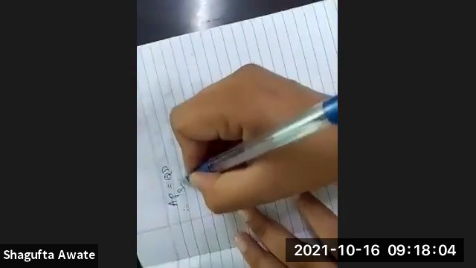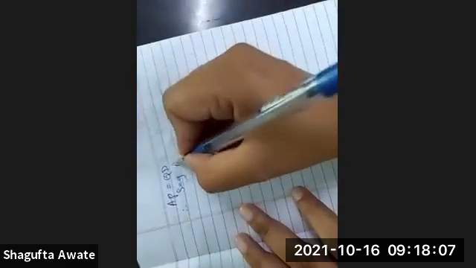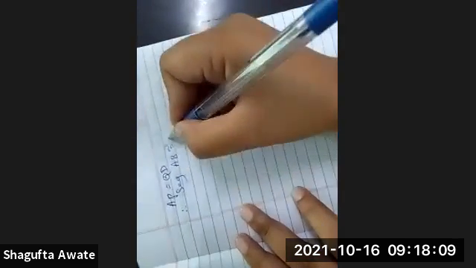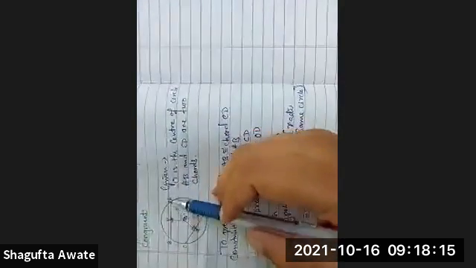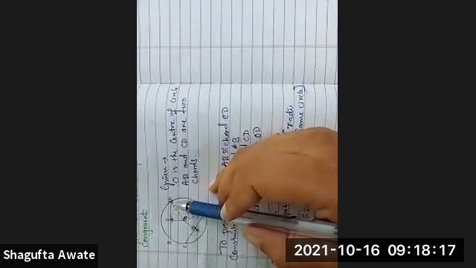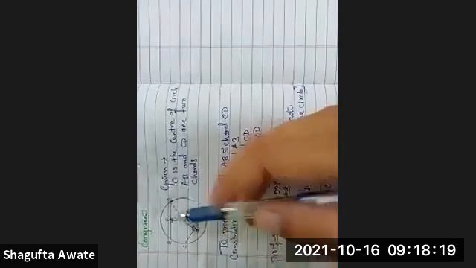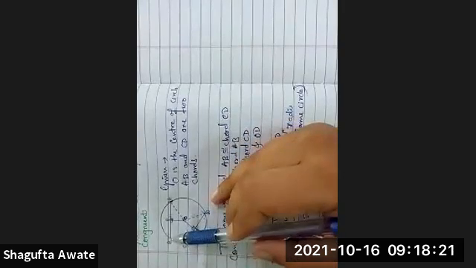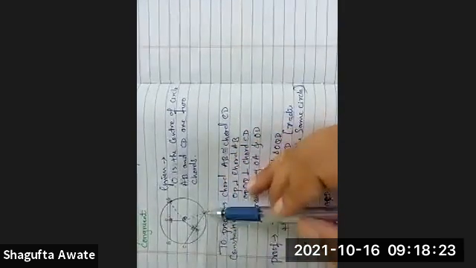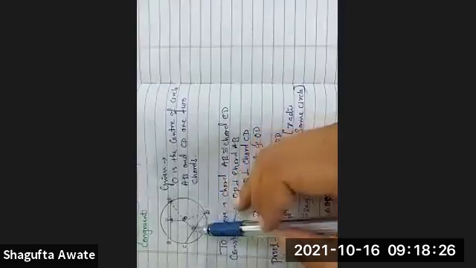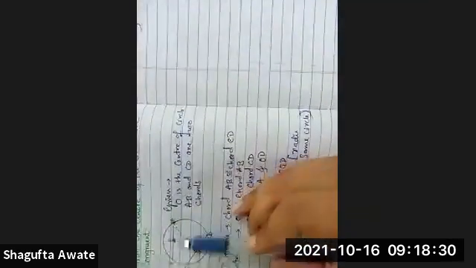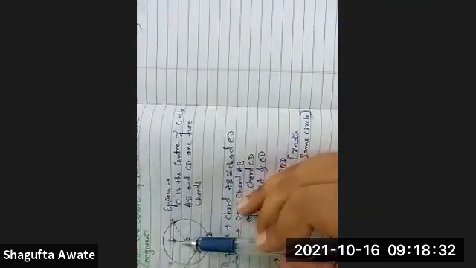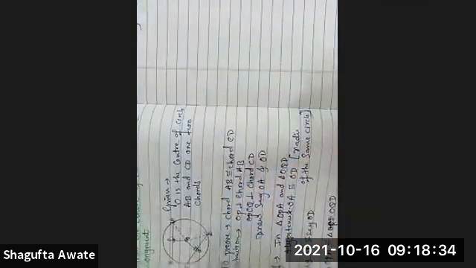Therefore segment AB is congruent to segment CD. When we show that AP is equal to QD, these are half the length of AB and half the length of CD. When their halves are equal, then these two chords are congruent.